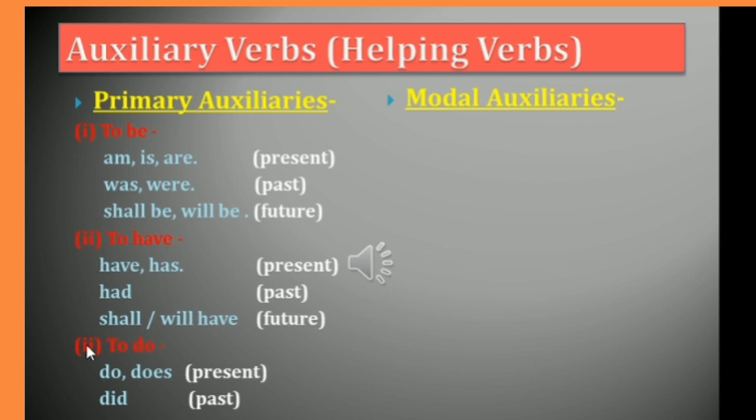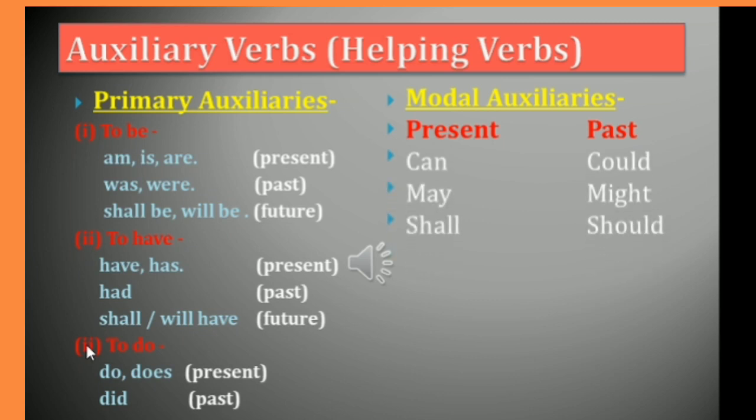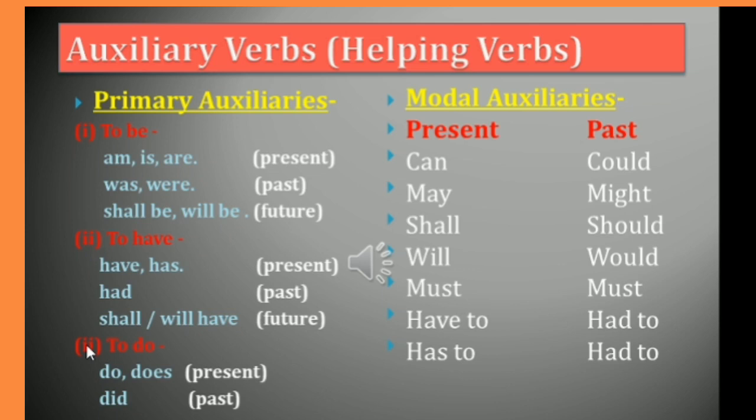Modal auxiliaries are can, could, might, shall, should, will, would, must, have to, has to, had to, ought to, and used to. Two more are there, dare and need. These last two modal auxiliaries can be used both as modal auxiliaries as well as main verbs.